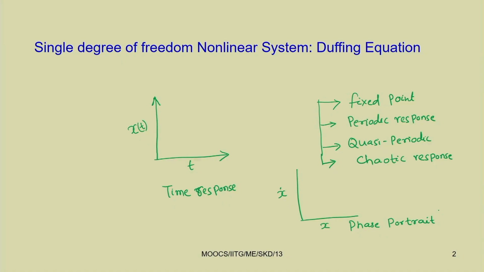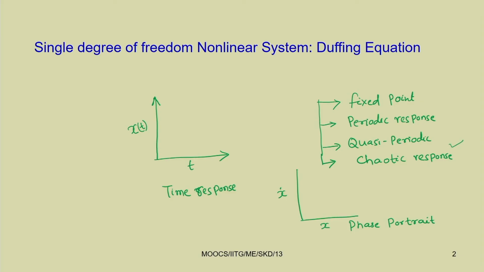In this module I will tell you how we can derive or find the Poincare section, and also how we can characterize the response. Particularly to characterize the chaotic response we may require some other characterization, for example, the Lyapunov exponent.